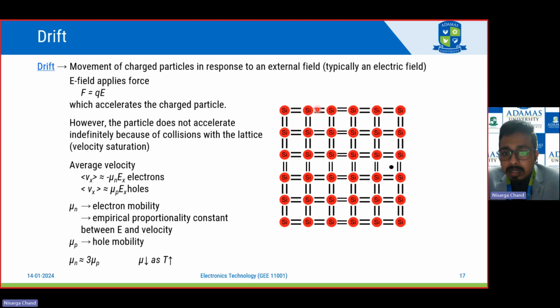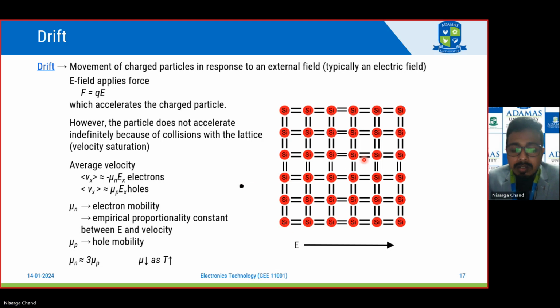Now you can see the picture on the right side, that is a semiconductor crystal where silicon atoms are tightly bound with the neighboring atoms, making proper covalent bonds. Now under an applied electric field, you can see the random movements of the carriers in the crystal.